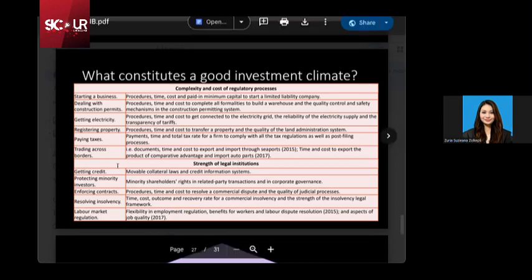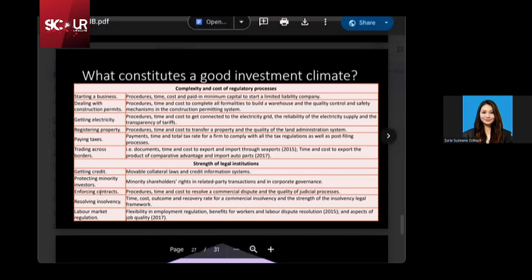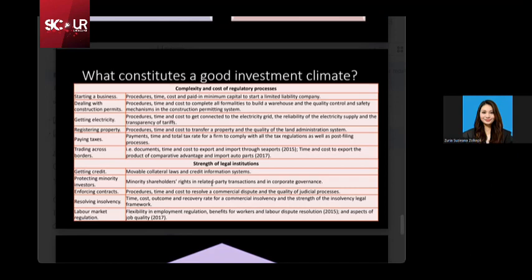Getting credit: how easy is it, in terms of movable collateral laws and credit information system. Minority investors: what are their rights, and how does the government over there promote the culture of corporate governance in the foreign market. Enforcing contracts, resolving insolvency, and labor market regulation.